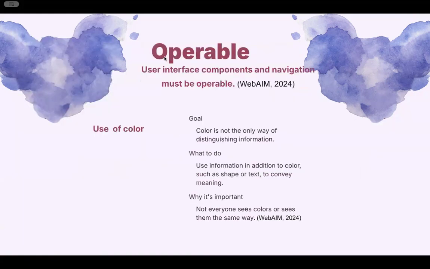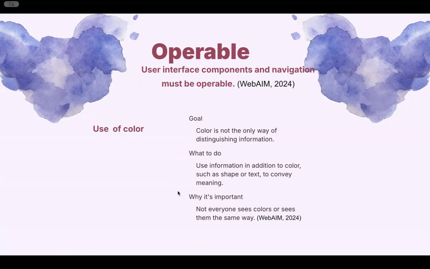The next one is about operable, that is, user interface components and navigation must be operable. A detailed one is use of color. Color is not the only way to distinguish information, and we want to use shape and text to convey meaning instead of only color.